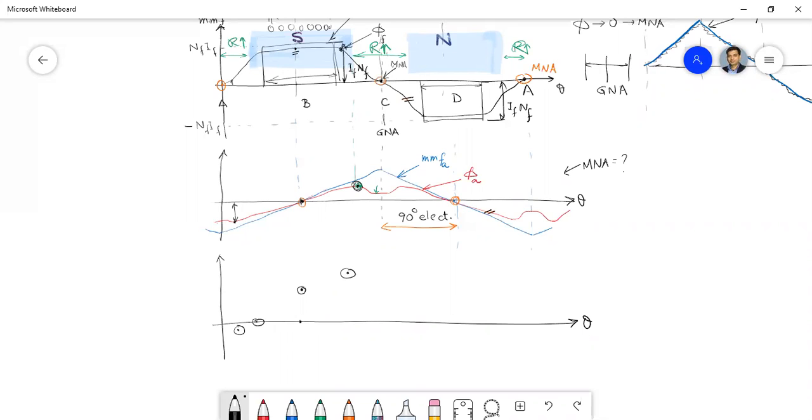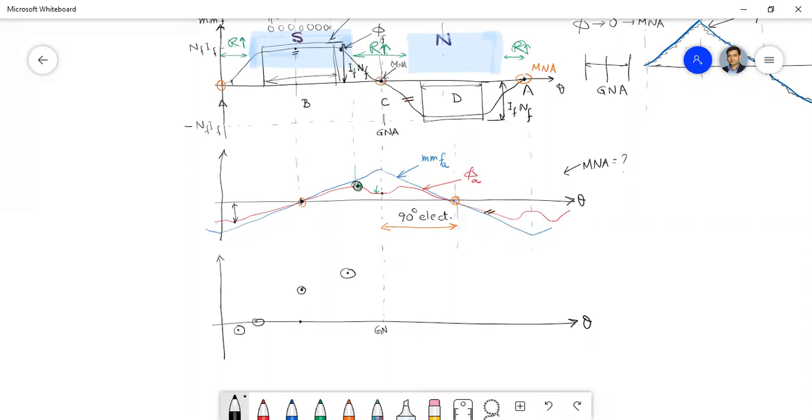Okay. Now you just calculate these two values at the geometric neutral. So this was the geometric neutral. Here you have 0 flux contribution due to the field, but you have some flux distribution due to the armature. That means you will get some positive value at the geometric neutral.